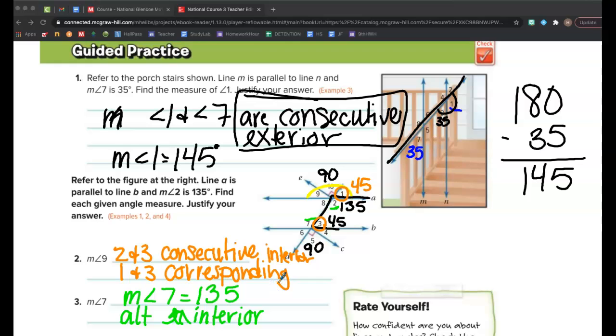Now, we can say that which 3 angles equal 180? So then we could say 9, 10, and 1 are, what's the word, when they equal 180? Supplementary.